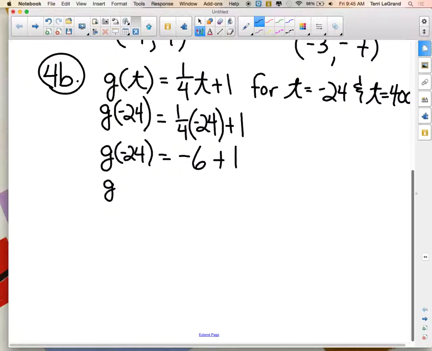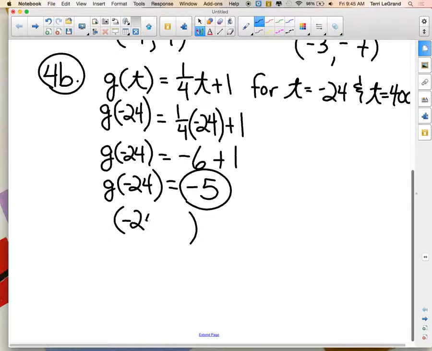So the range value, given the domain value of -24, is -5. Ordered pair what? -24, -5. Okay, go ahead and do the other one.